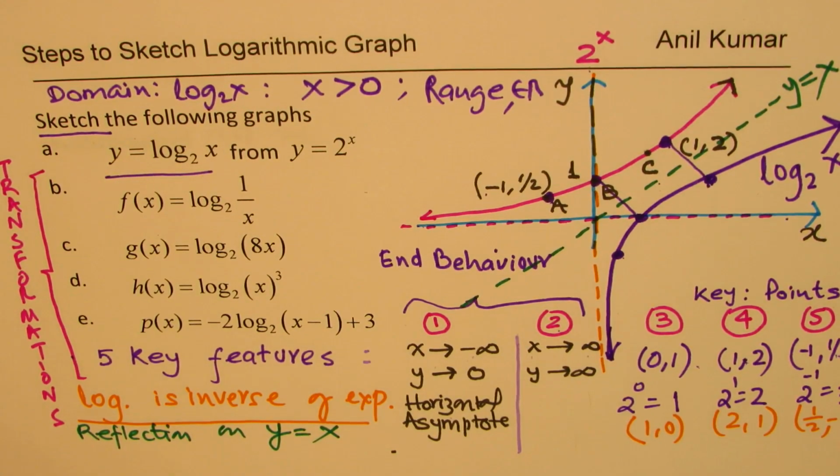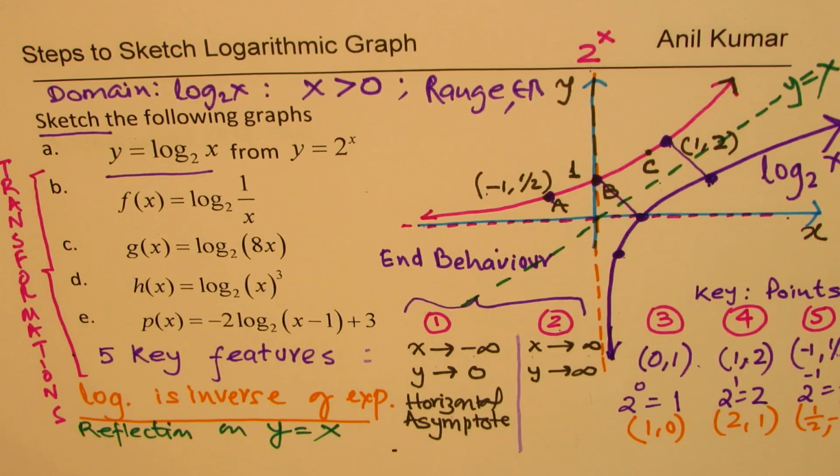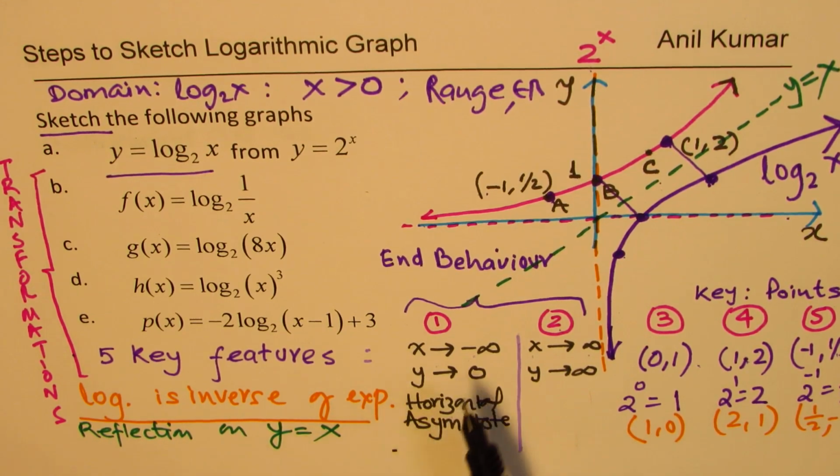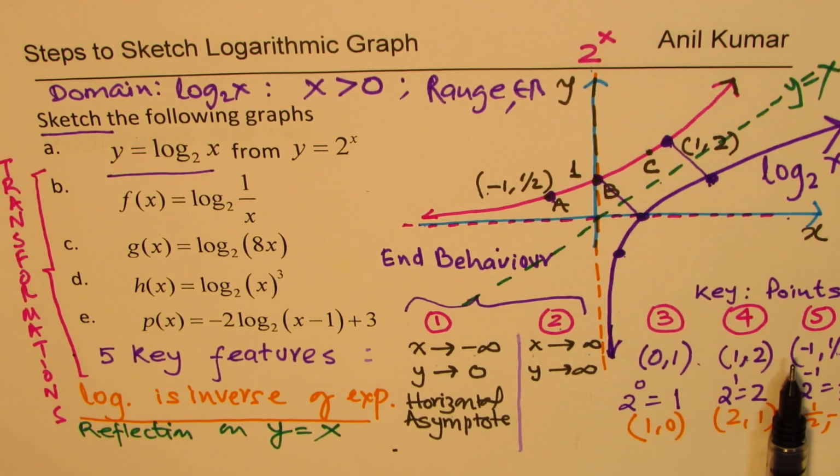So I hope the graph of log to the base 2 of x is absolutely clear and you understand how to sketch it from the exponential function 2 to the power of x. So let me summarize. There are 5 key features which you have to keep in mind. 2 of them relate to end behavior and these are your 3 critical points.